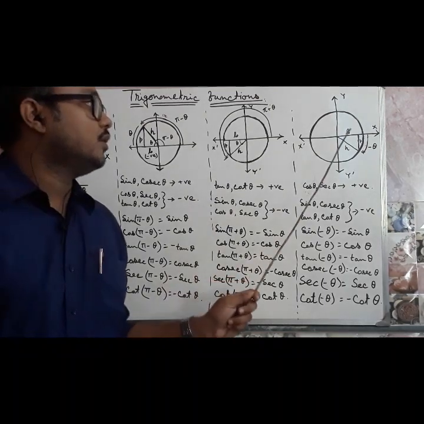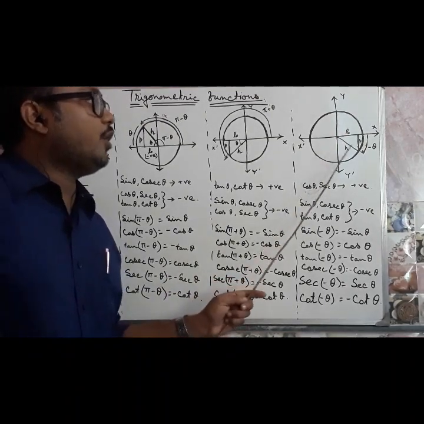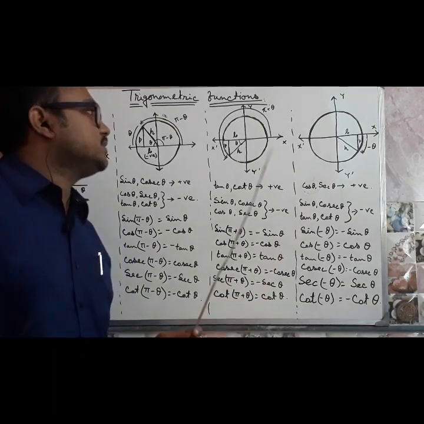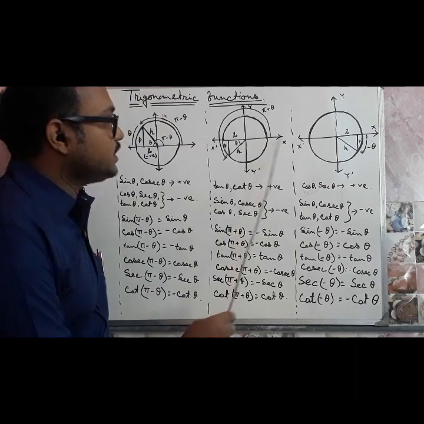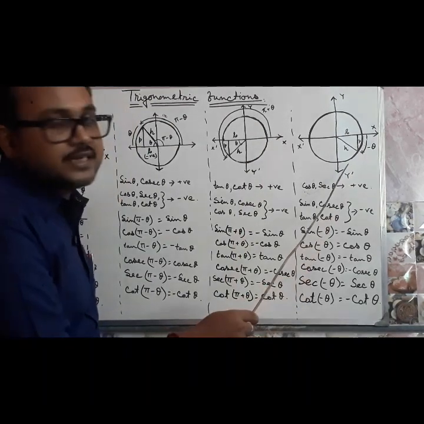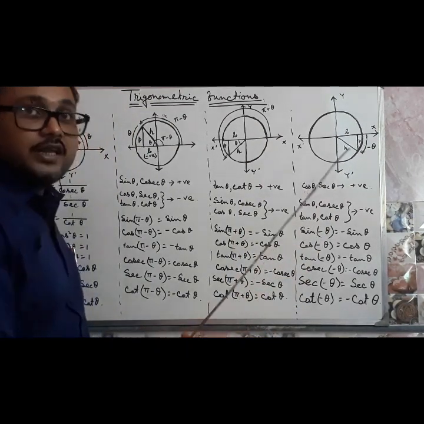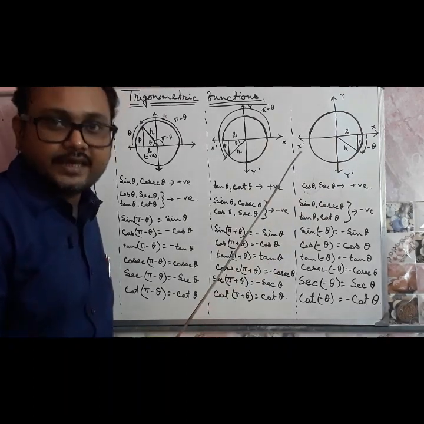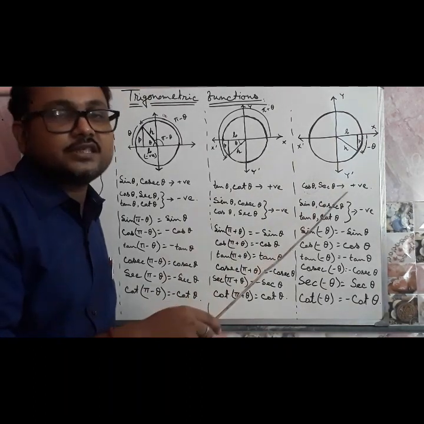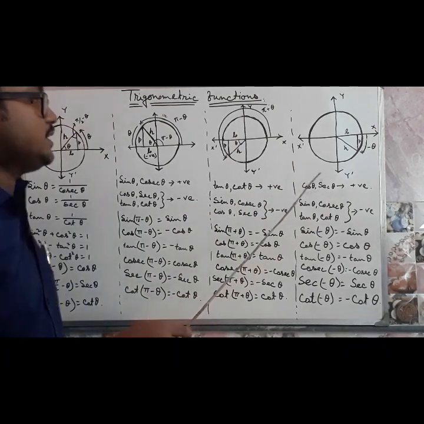Next case, if the triangle is formed in the fourth quadrant, that means if this point rotates in the clockwise direction, already we discussed that the clockwise direction of rotation is the negative direction, and the anti-clockwise direction is the positive direction.